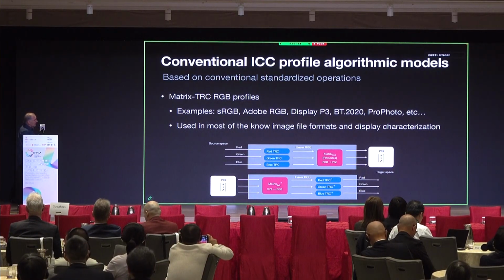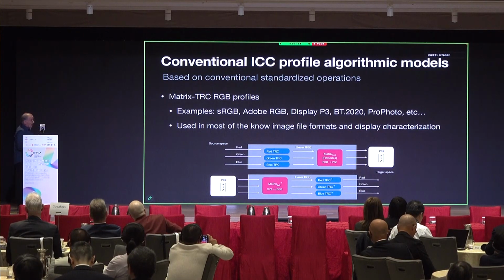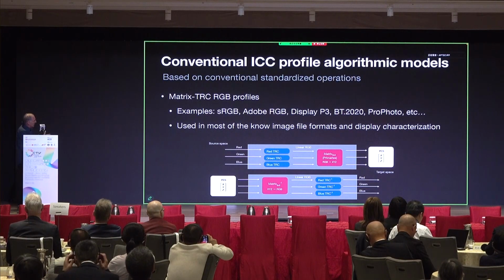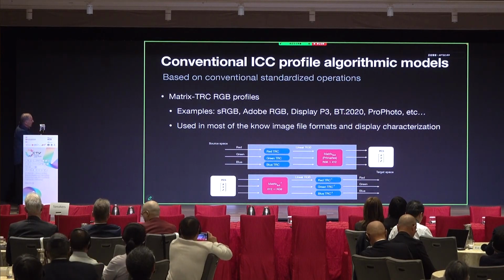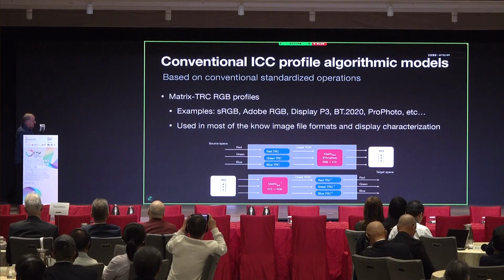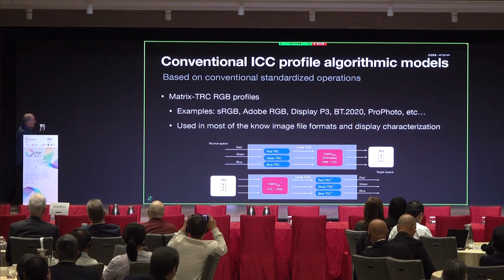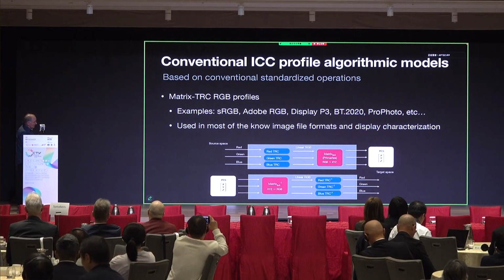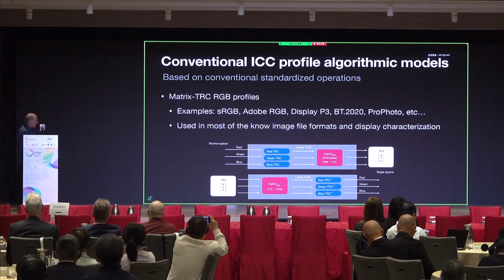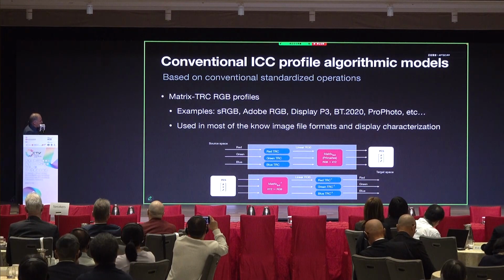The camera is actually producing images in what we call an output-intended color space. As you probably heard, color spaces like sRGB or Adobe RGB and so forth, all these important color spaces use this matrix/TRC color profile to describe the colorimetry of the image.